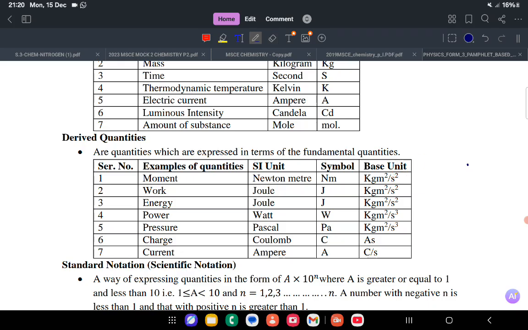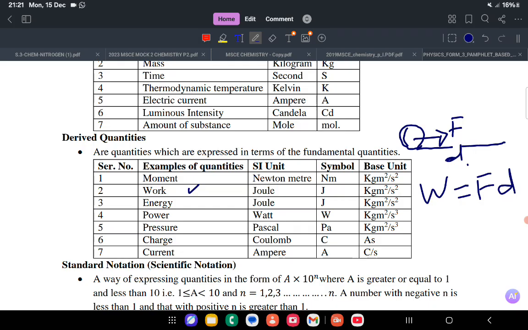Another one is work. Work is found by multiplying force times distance. Let's suppose you are pushing a body over some distance d. The force applied multiplied by the distance over which you push is going to give you work done.